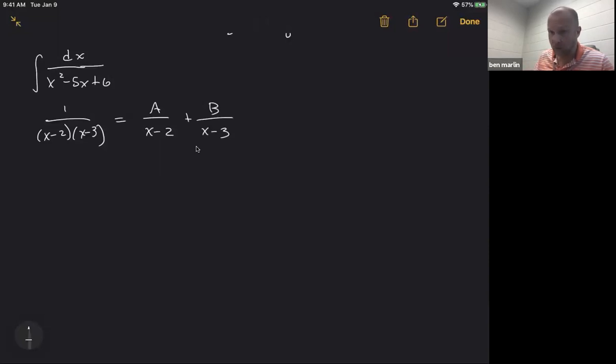It always works, but sometimes it's difficult. Then I'll show you an easier way that doesn't always work, and we'll talk about the things that might come up. So the thing that we're going to do with it set up like that is to cross multiply. Essentially I'm taking both sides and multiplying by x minus 2, x minus 3.